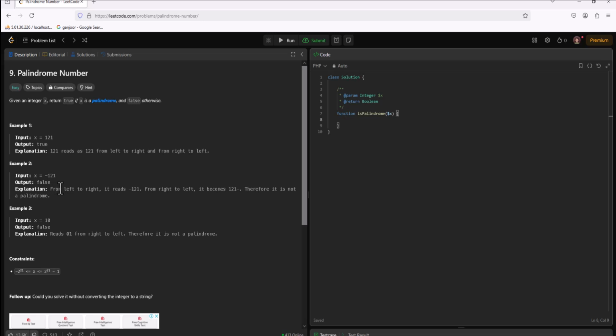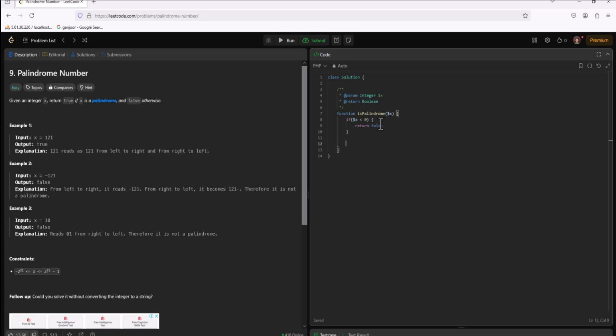So as we found, all of the negative numbers are not palindromes. Okay, so we can say if x is less than 0, then it's not.